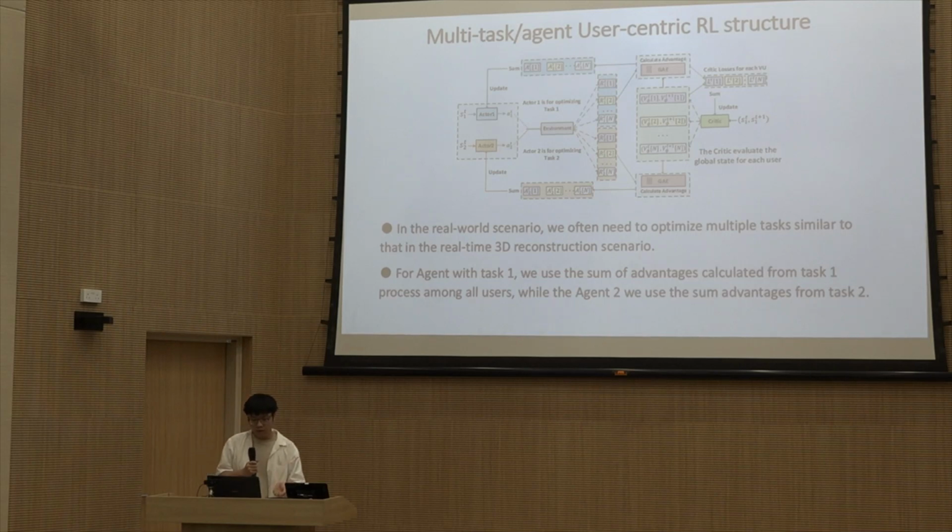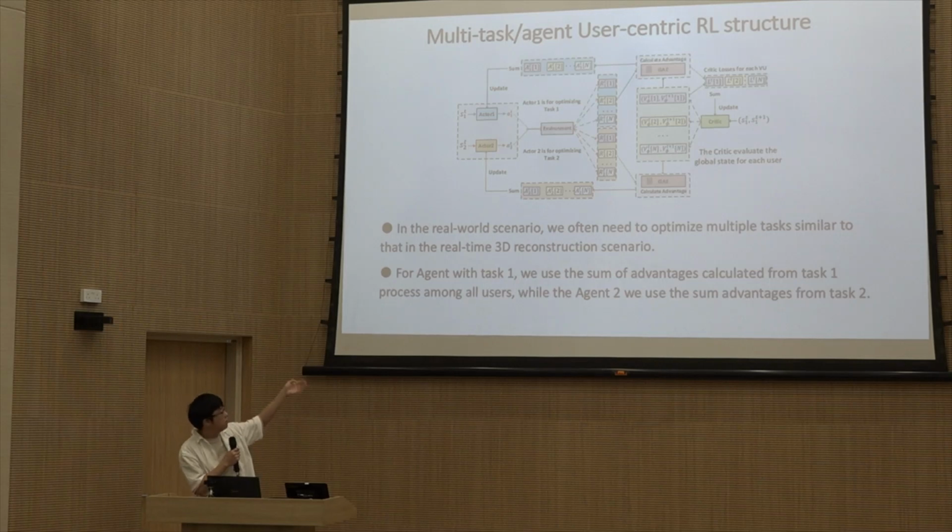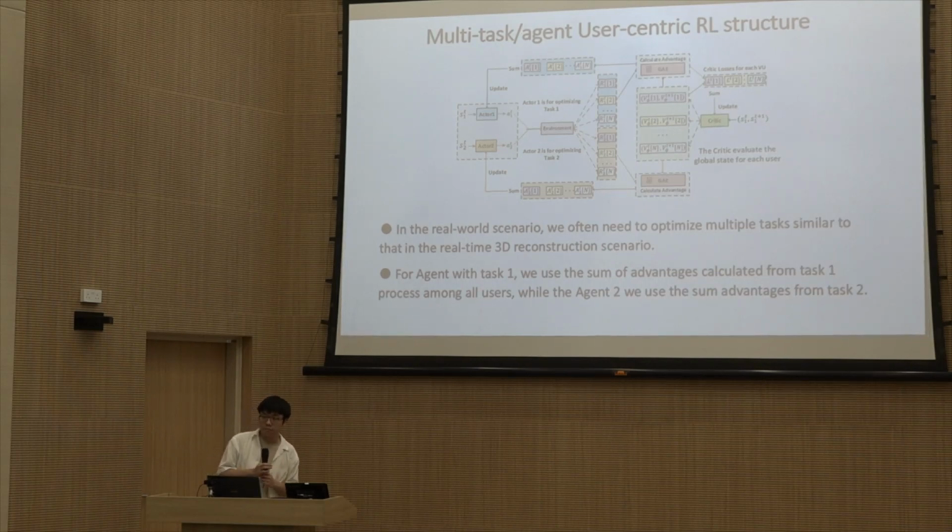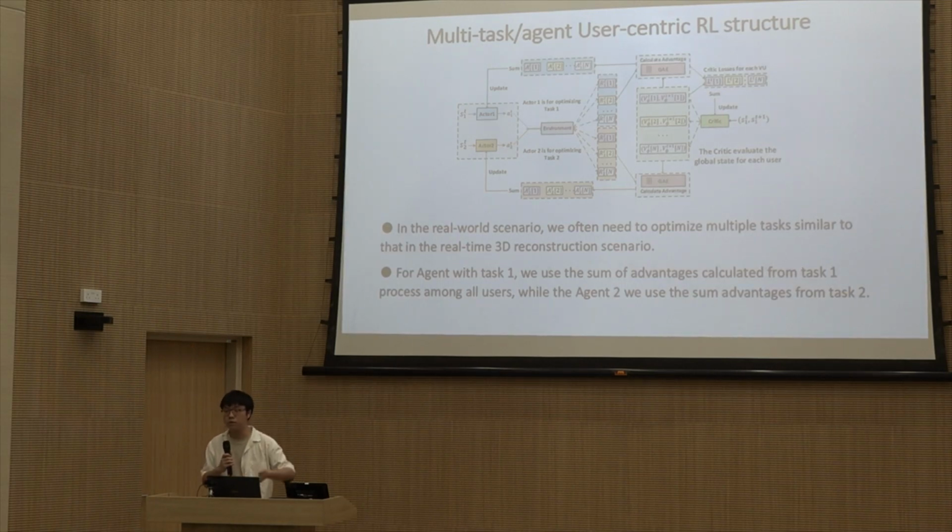For agent 1, we use the sum of the advantages calculated from agent 1 among all users, while for agent 2, we calculate the sum of the advantages from task 2 among all users. This advantage is calculated from the reward, so we need to decompose the reward to each user and to each stage.